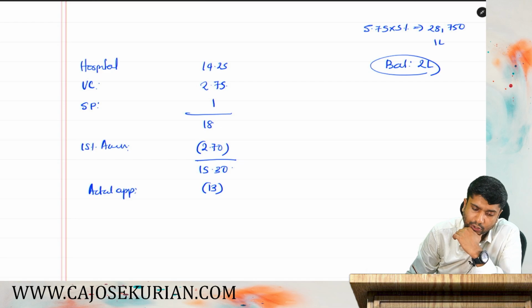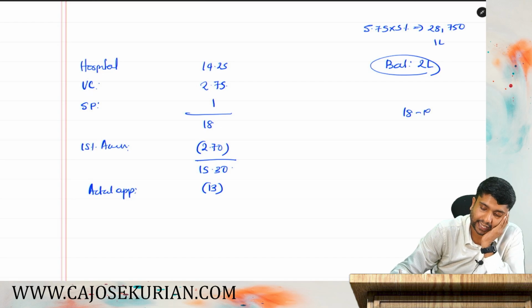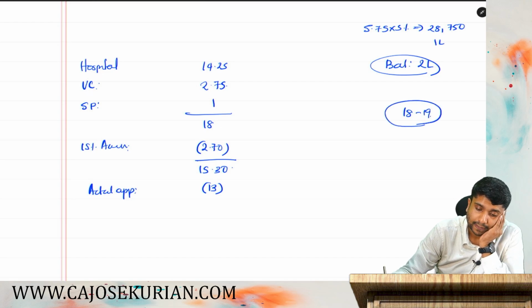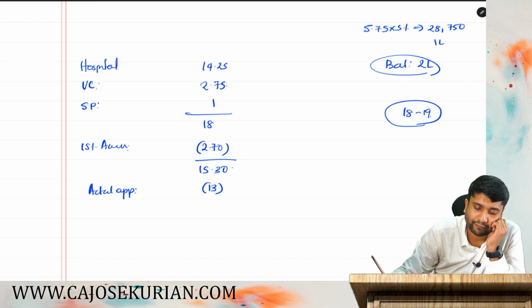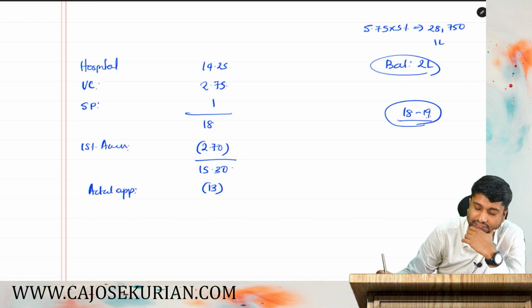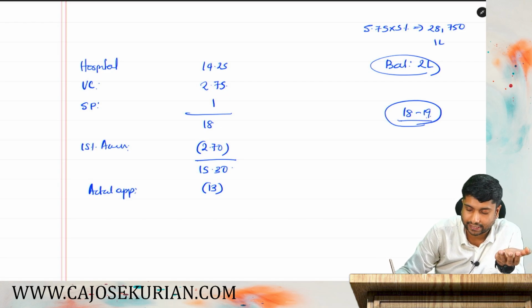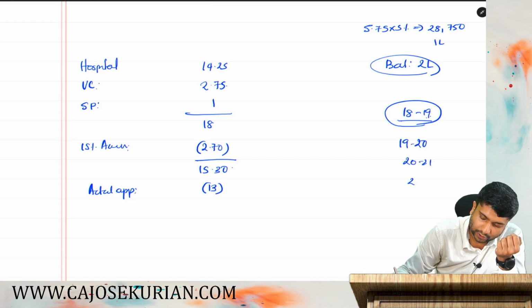The trust has accumulated 15 lakh in the year 18-19. So, in the year 18-19, they have accumulated 15 lakh for a period of 5 years. That means continuous conditional accumulation. The trust has spent 13.50 till 31st March 2024. So, 18-19 is the first year. So, they have conditionally accumulated in that year. So, first year will be 19-20, second year 20-21, third year 21-22, fourth year 22-23.